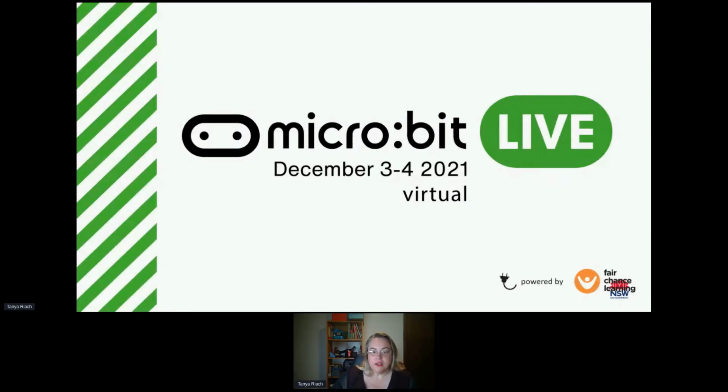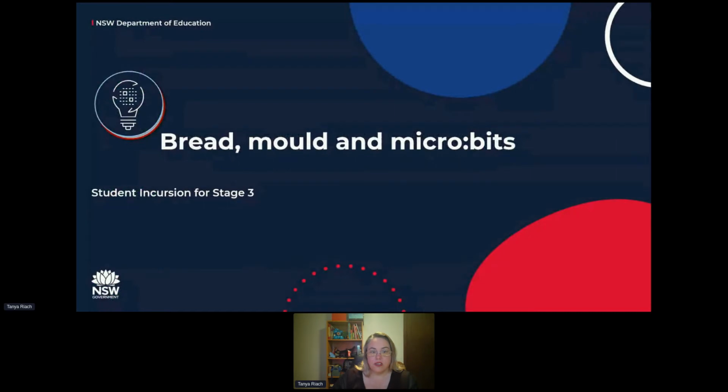The reason we chose this is because we were looking at creating a student incursion for stage 3 students. Now, stage 3 students for us is years 5 and 6.